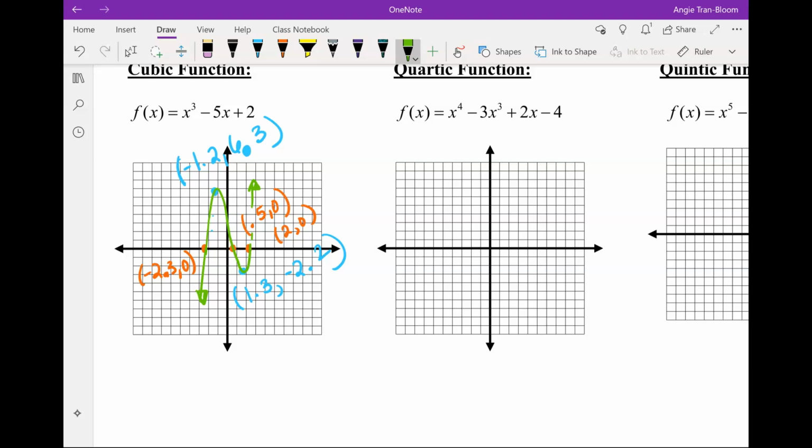Tonight's homework, guys, you may not use a calculator, okay? You cannot use it, you have to graph it as we have been graphing, because we need to practice for your quiz.